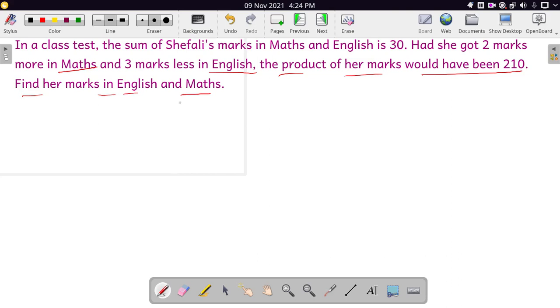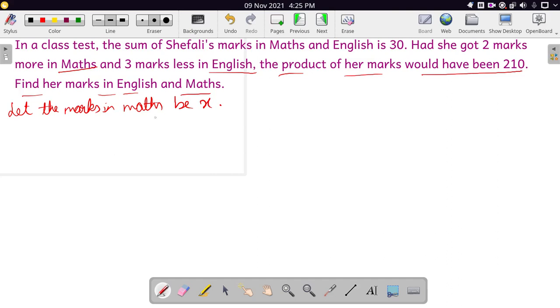Now, for this, let us assume the marks that she had received in maths to be X. Let the marks in maths be X. Now you need to understand something. This is very easy.